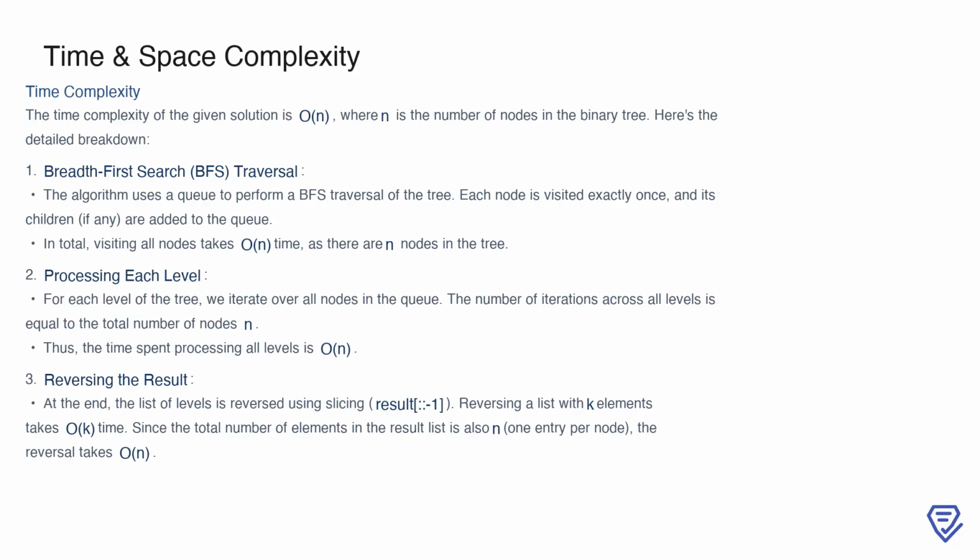Since the number of iterations across all levels collectively equals the total number of nodes, this step also contributes O(n) to the time complexity. Finally, we reverse the result list to achieve the bottom-up order. Reversing a list with k elements takes k time, and because the list contains n elements, this step also adds O(n). When we combine all these operations, the overall time complexity remains O(n).